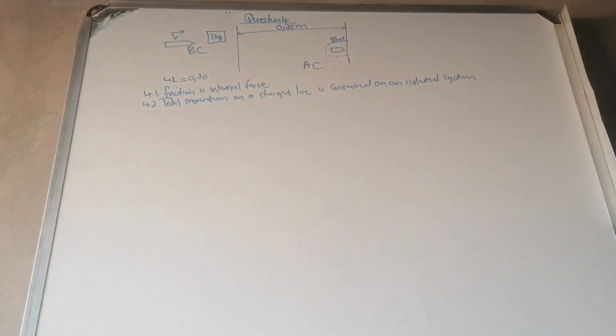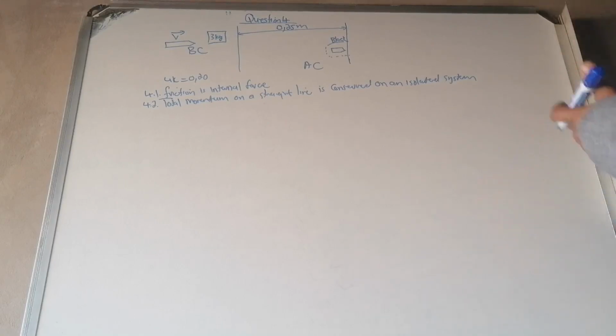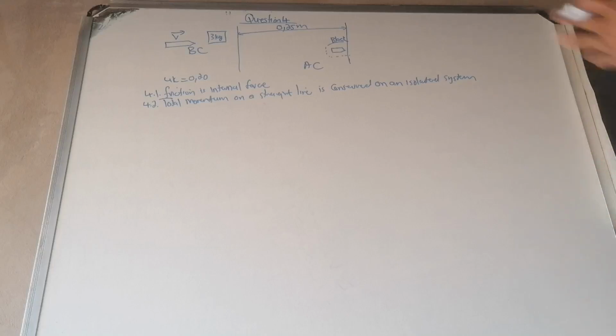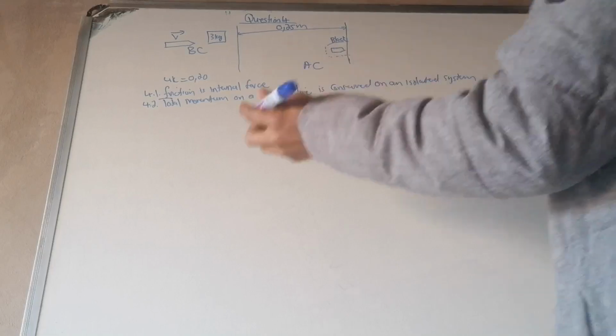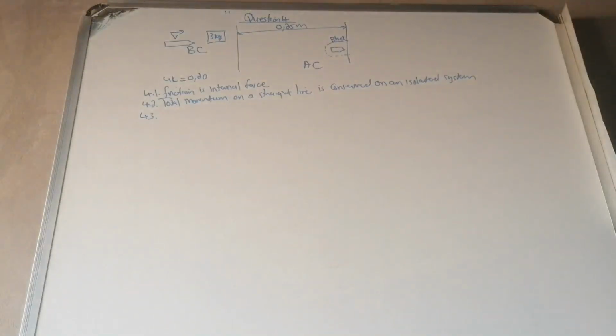That is what we know. Or somebody can say the total linear momentum of an isolated system remains constant or is conserved, or whatever way you can state that. I normally do not bother myself that much with the definitions.